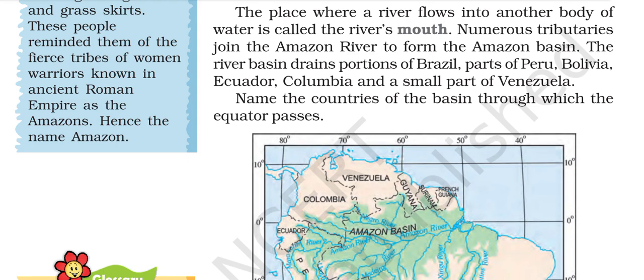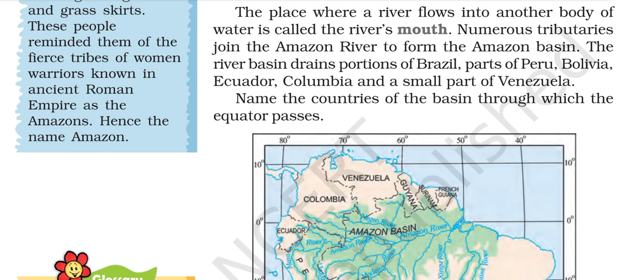Now you should know the meaning of the word Amazon basin. Actually, Amazon is itself a river, but many other rivers join that river. In this way, the area covered by the Amazon river as well as its tributaries is called the Amazon basin.